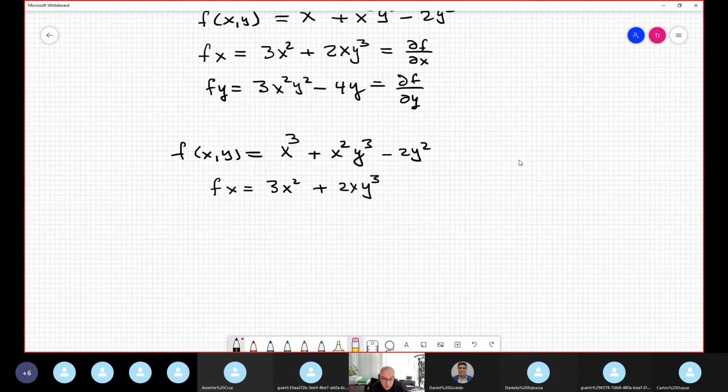And the derivative with respect to x of the last part is 0. Now the partial derivative with respect to y: the first part is 0, because it depends only on x, entonces 3x squared y squared. You use the power rule, no? I suppose you remember the power rule, no? Minus 4y. It's okay?